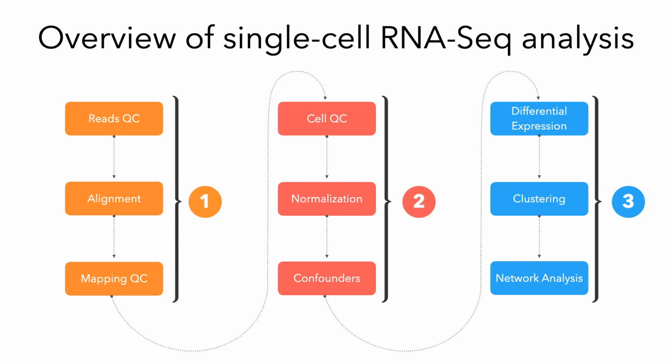One, dealing with the raw reads by checking quality and aligning to a reference genome. 2, dealing with cell-specific data by quality control, normalization, and elimination of artifacts. And then number 3, analyzing the resulting data set for differences using differential expression, clustering techniques, or network analysis, which typically is used for time course data.